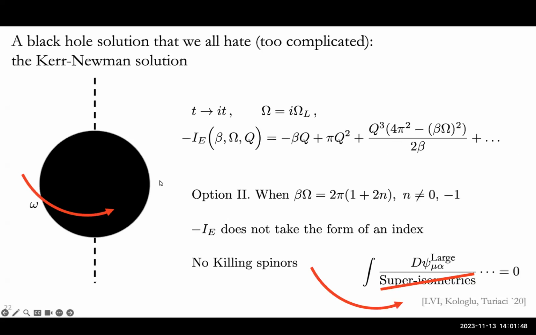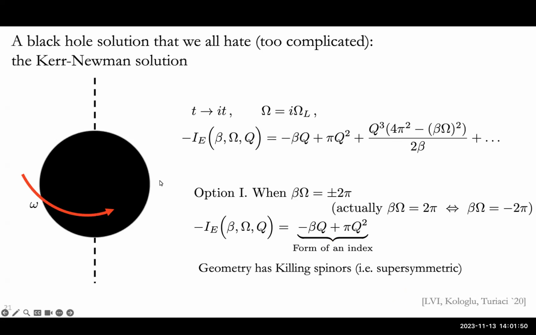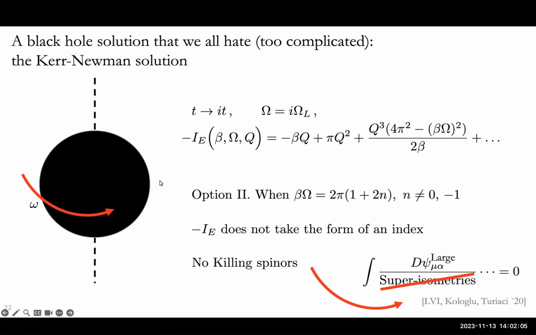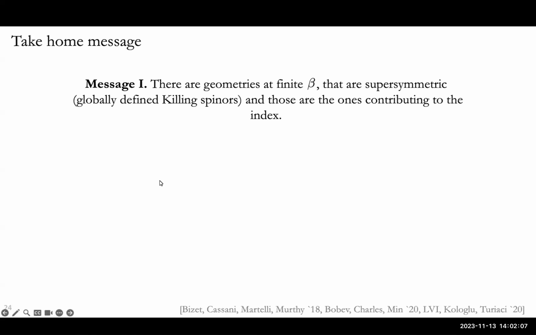So only these two solutions with n equals 0 or minus 1 contribute to the supersymmetric index in a theory of supergravity. And the action that you get has exactly the form of an index, meaning that it has trivial temperature dependence.